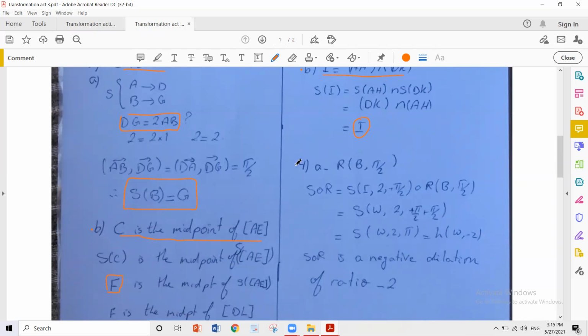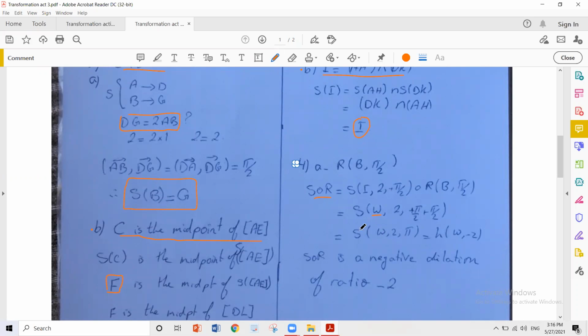So S round R equals S with center I, ratio 2, angle pi over 2, composed with rotation B, pi over 2. I call the center W, ratio 2, angle pi over 2 plus pi over 2.